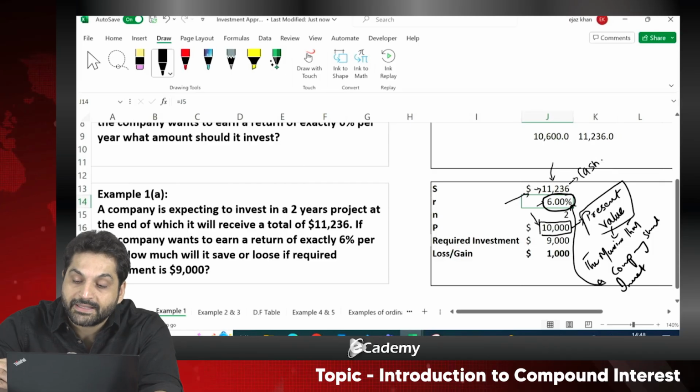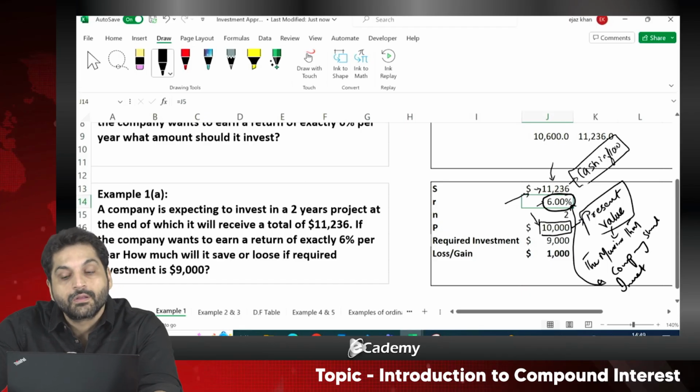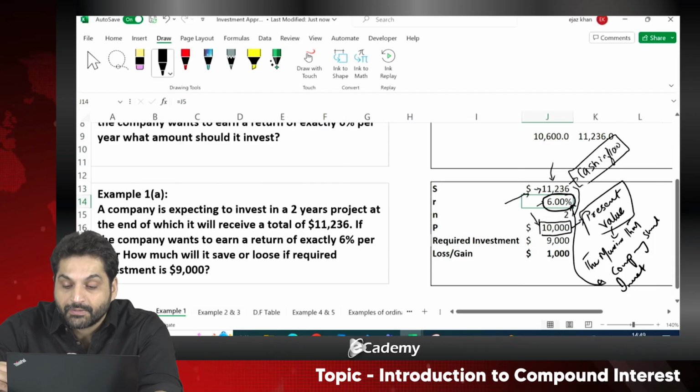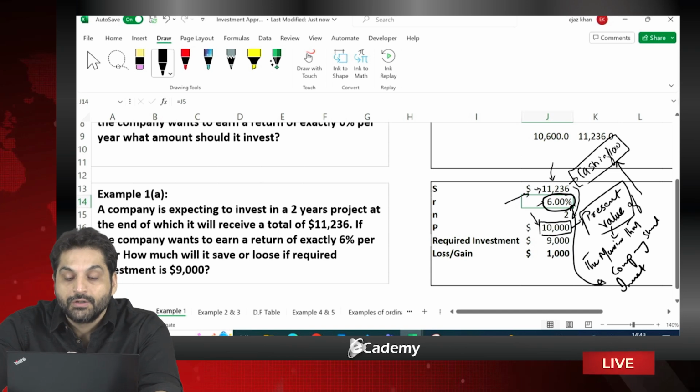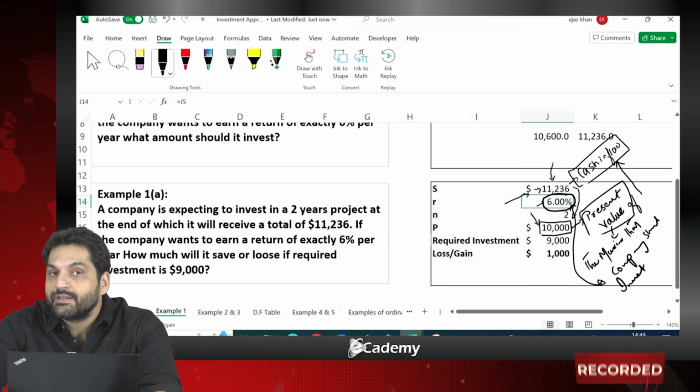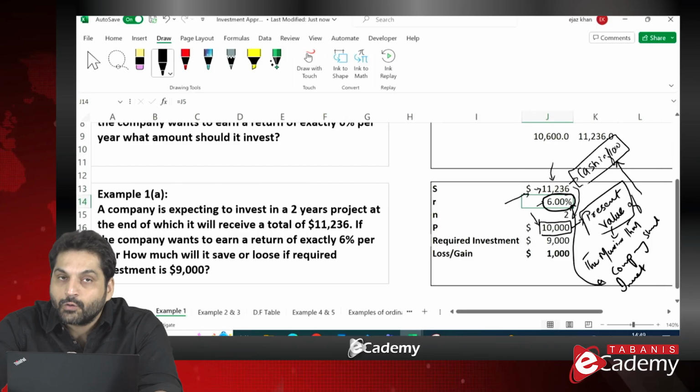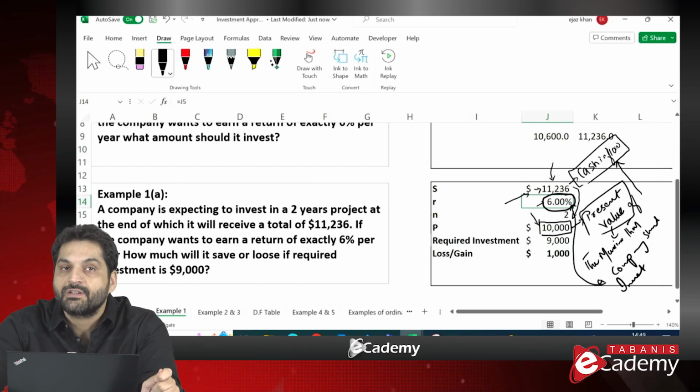This is the cash inflow because the company will get this amount in 2 years' time. So it's a cash inflow. And since we have calculated present value of this amount, we can call it present value of cash inflow. So the $10,000 that we calculated is called present value of cash inflow. That is the maximum we should be investing in this project.